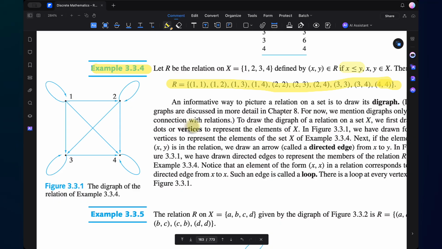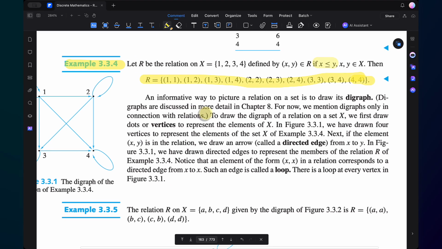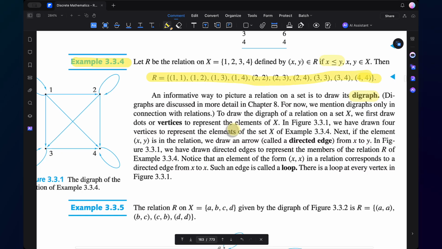I think that's what this diagram has to do. An informative way to picture a relation on a set is to draw what's called a digraph. It's kind of important, so we'll go over this right now.